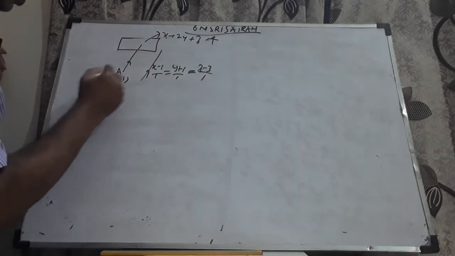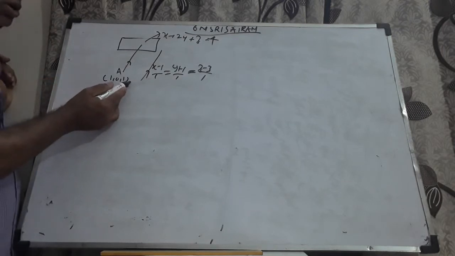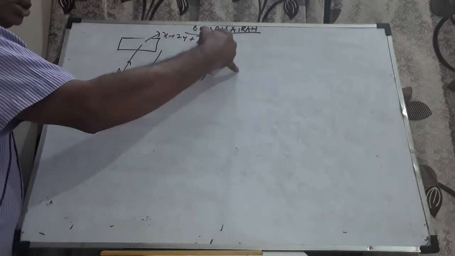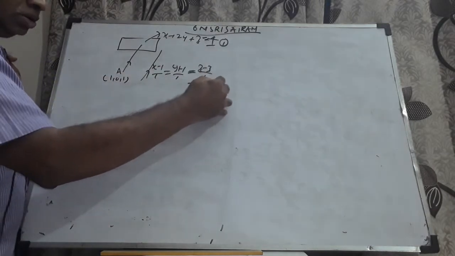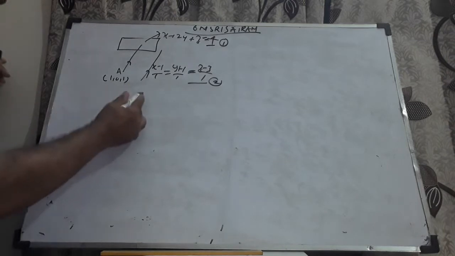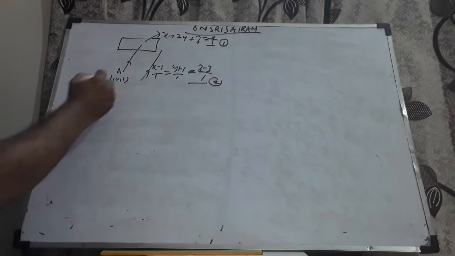Now you can even write down: let the given point be A(1, 0, 1), given plane is x + 2y + z = 4, I'll name it as 1, given line, I'll name it as 2. Just listen carefully.